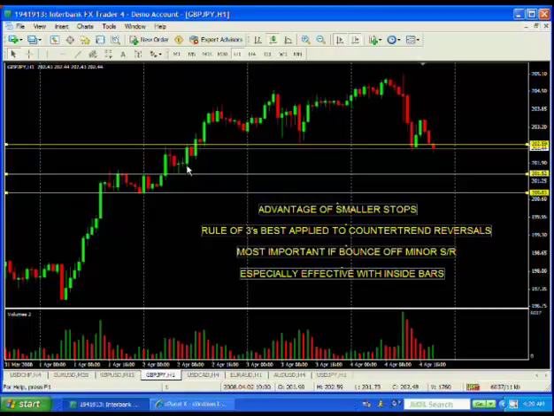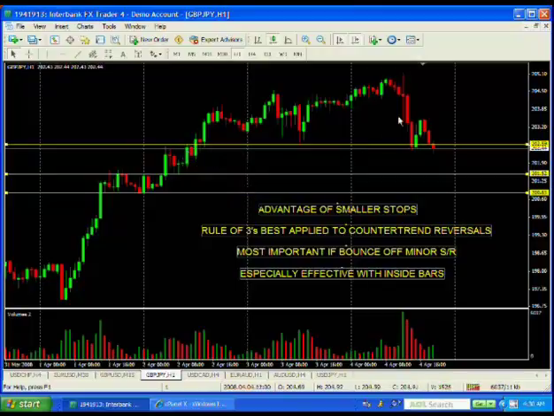Well, 50 pips is 5 times that. So you have 5 opportunities as opposed to 1. And if price was to go below here, support, and come back in, that's even further confirmation that the move is going to continue up.